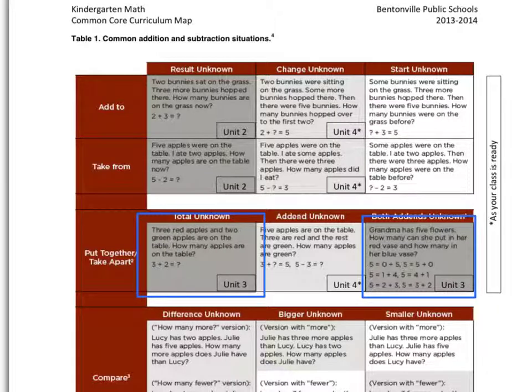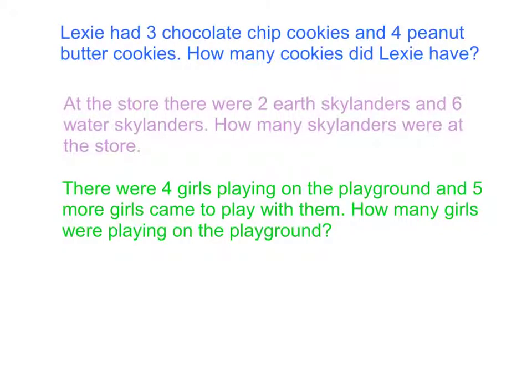The put together, take apart problems are slightly different from the add to result unknown problems, even though their number sentence is the same. Let's take a look at a few examples of these problem types to differentiate between them. 2 of these problems are put together, take apart problems, and 1 is an add to result unknown. Take a minute and compare these problems to the problems on your table and see if you can identify which is which.